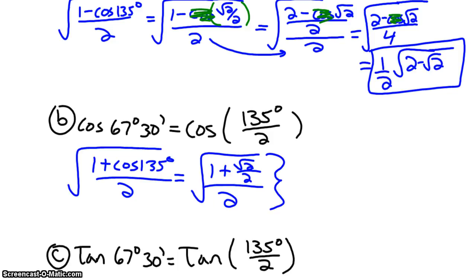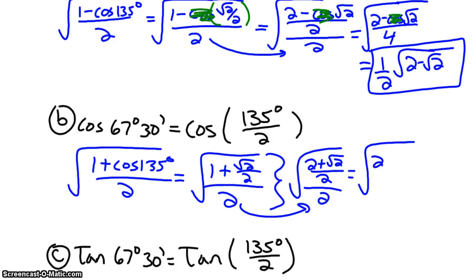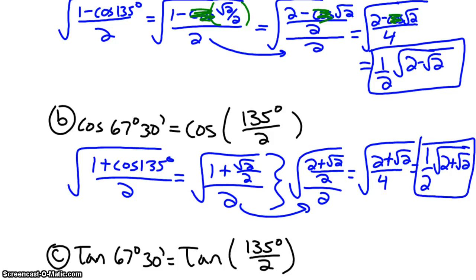Solving this, I will then have 2 plus radical 2 all over 2 divided by that 2 in the denominator, which will leave me with 2 plus radical 2 all over 4. So 1/2 taken out, leaving me with a 2 plus radical 2 inside.